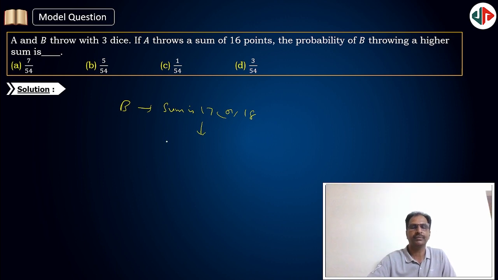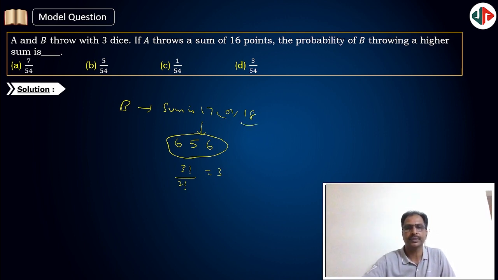Then 3 dice are thrown, what are the possibilities of getting sum 17 means? 6, 5, 6. This is one possible case where you get 3 factorial by 2 factorial, 3 cases for sum 17. For sum 18, only 666, only one case here.